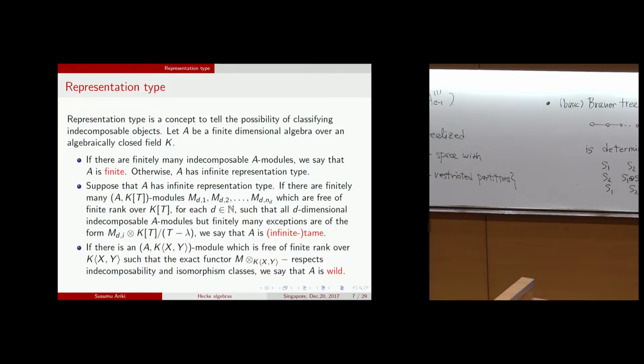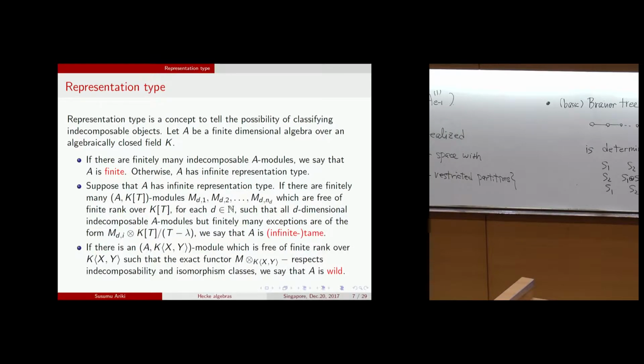And if I say tame, it means infinite tame. So we exclude finite type from here. Basically it says that for each dimension d, there are finitely many one-parameter families such that they cover all the indecomposables of that dimension, except for finitely many.